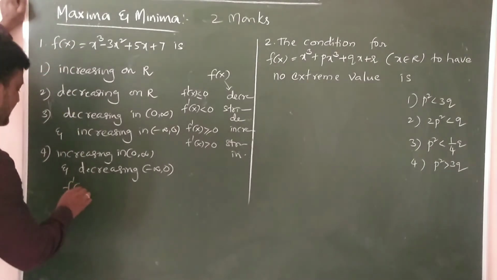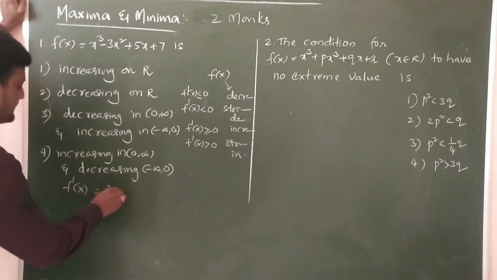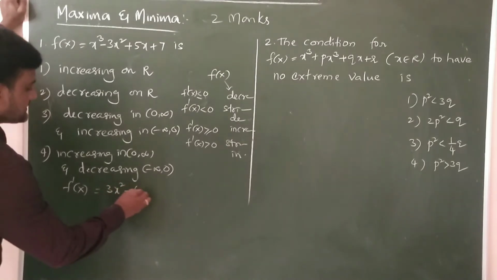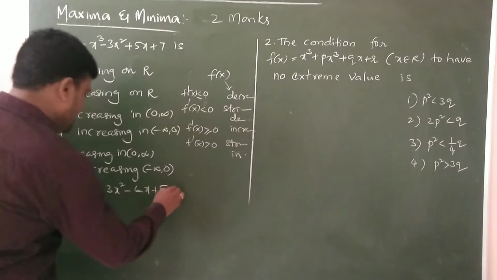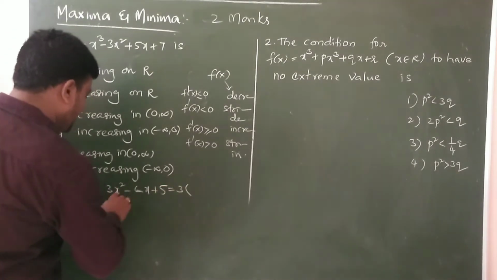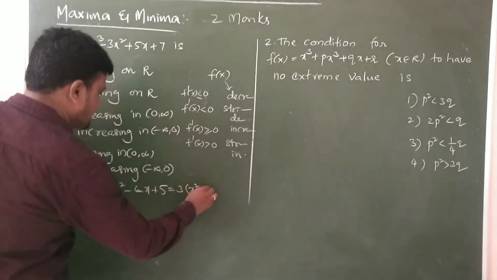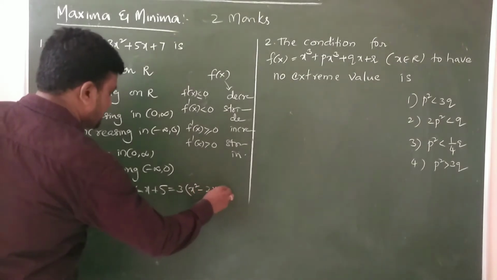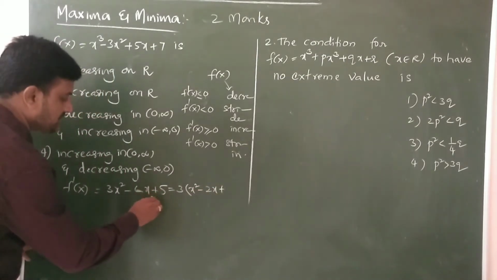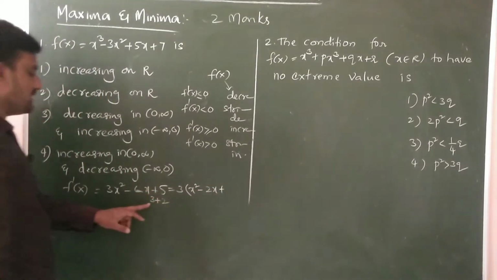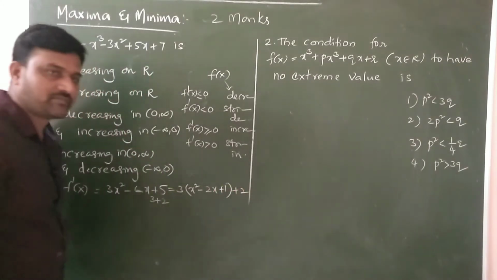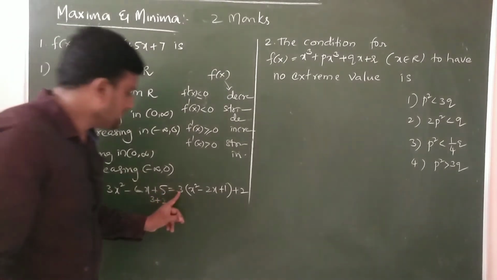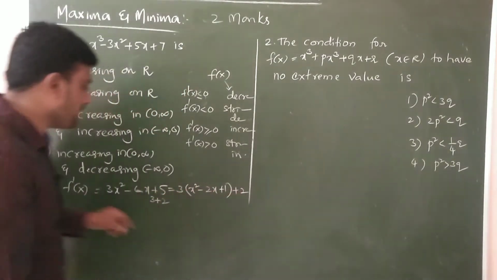Here f dash of x equals 3x square minus 6x plus 5. Yes or no? Now 3 is common here: x square minus 2x plus, suppose here 5 should be, like this, 3 plus 2 is 1, and also remaining 2 here. Shall I write like this? Definitely, 3 into 1, 3 plus 2 is 5.